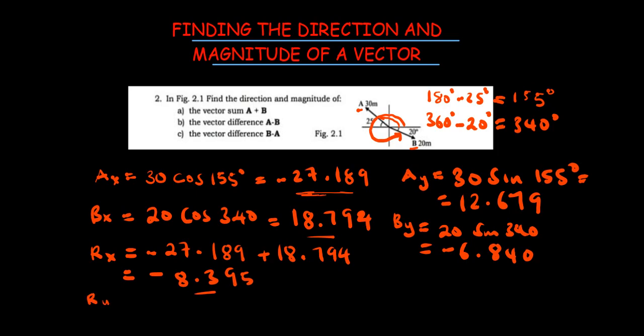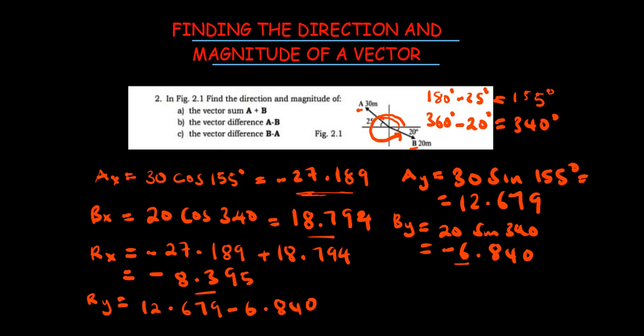So Ry subscript there. I am still adding. So I will add 12.679. I will add that minus, because when I add, since I have a negative sign here for b, negative 6.840, multiplying the negative by the positive, I still get negative, and I will have 6.840.